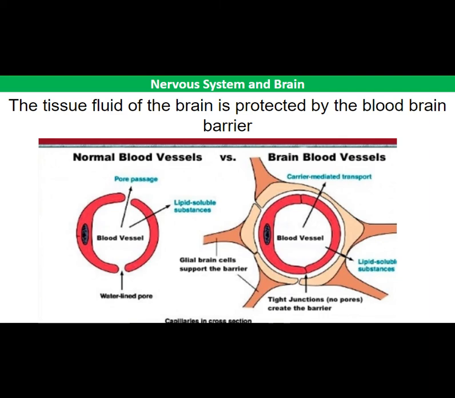So the purpose of the blood-brain barrier is to protect against circulating toxins or pathogens that could cause brain infections, whilst at the same time allowing vital nutrients to reach the brain.